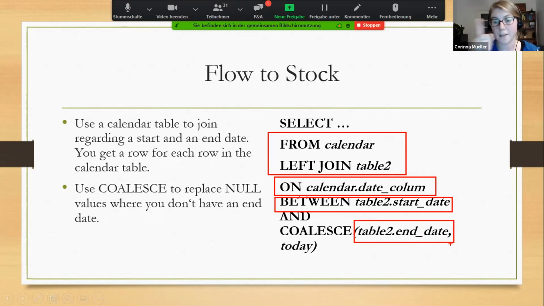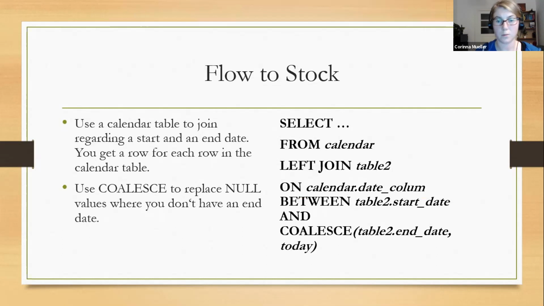If the ending date is not reached at the moment where we use this SQL statement, then we have to replace the null value with today. Okay. So we use the calendar, join it with the other table where we have a start date and the end date, and see how many books we have for each end of quarter.